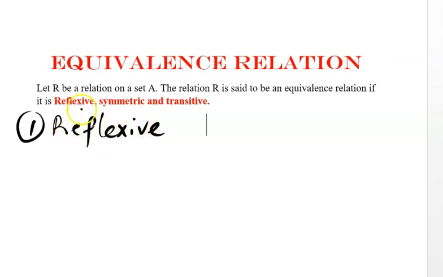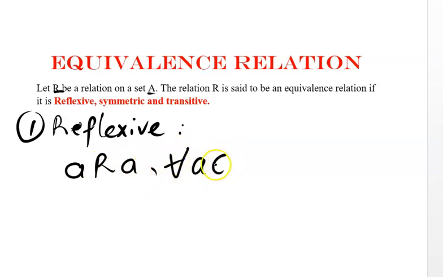A relation that is reflexive means that when we have our relation R on a set A, a relates to a for all a that belong to that set. It is related to itself. So the relation is reflexive because it is related to itself.